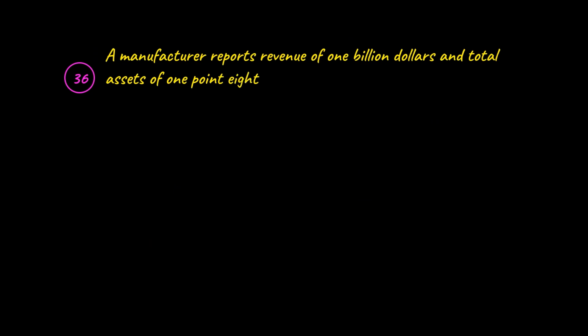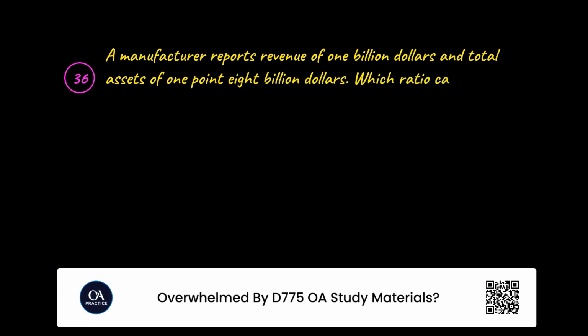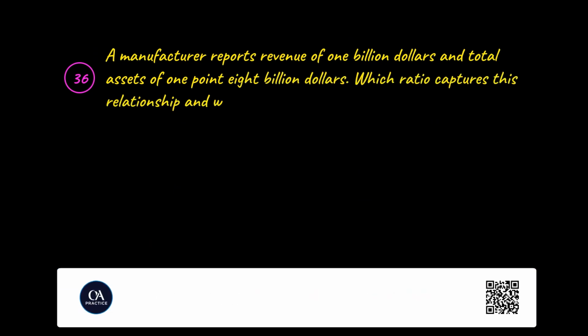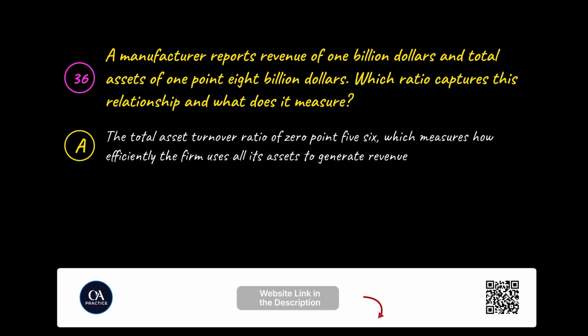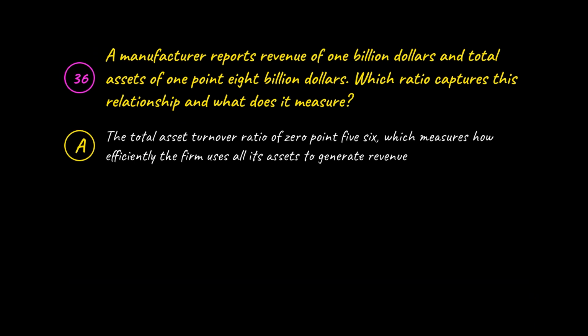Question 36. A manufacturer reports revenue of $1 billion and total assets of $1.8 billion. Which ratio captures this relationship and what does it measure? Your options are A, the total asset turnover ratio of 0.56, which measures how efficiently the firm uses all its assets to generate revenue.